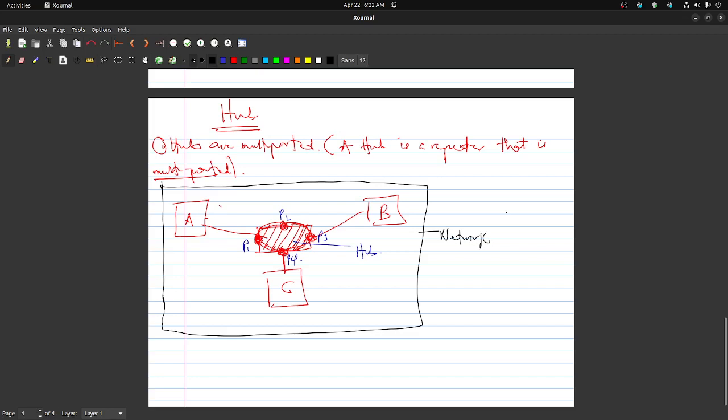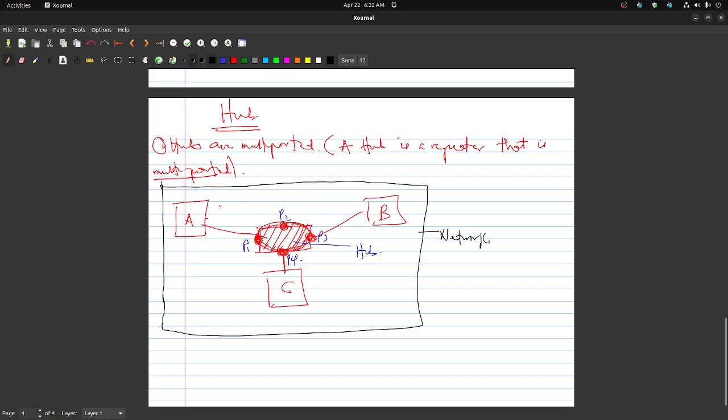Now these computers are connected to a single hub, and we said that a hub is just a repeater. The difference is that a hub takes it to the next level, in such a way that the hub itself is multi-ported, meaning it does not only take 2 computers, it can take more than 2. Depending on the hub you are dealing with, you can have 3, 4, 5, 6, 7 computers connected to the hub.